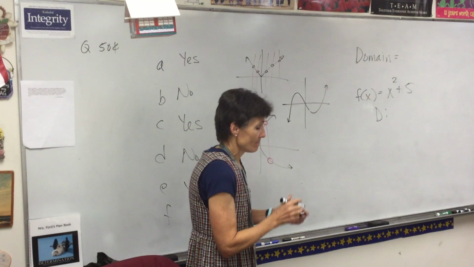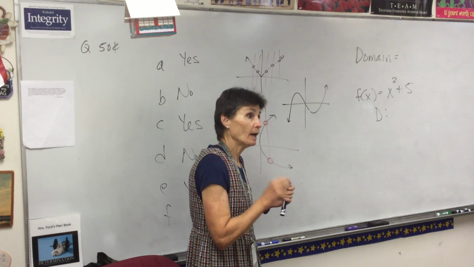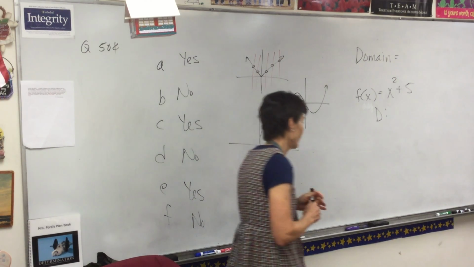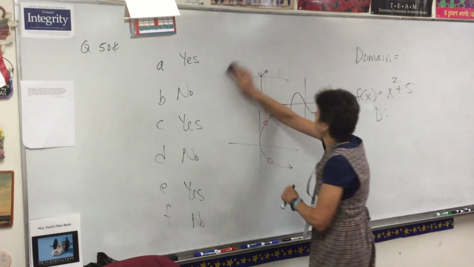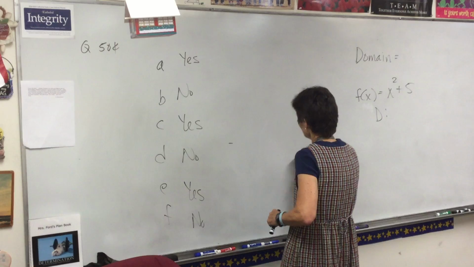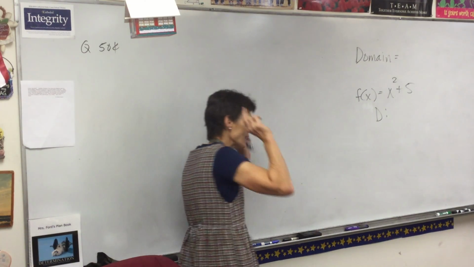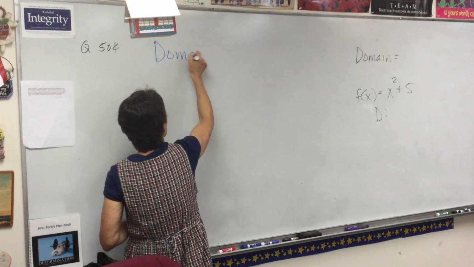The domain is going to be all real numbers unless 2 things happen, or one or the other, or both things happen. So where domain is concerned, your red flags, the things that make your domain antenna go up, your red flags for domain.